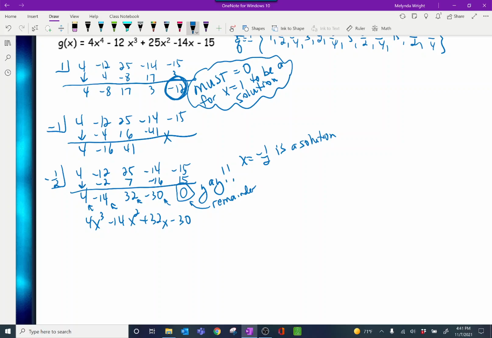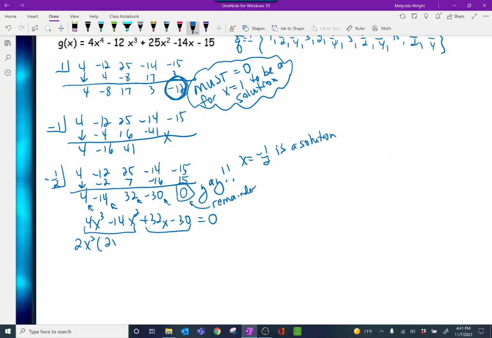Now we have 4 terms. Ooh, we might get lucky. Let's see if we can try to factor by grouping. Why not? Otherwise we're going to have to go through this rational root theorem again. So we're going to group together the first two and the last two. The greatest common factor of the first two terms would be 2x squared.